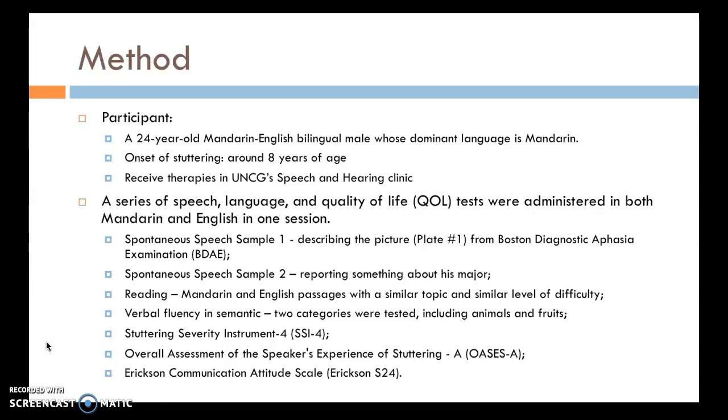Also, reading was included in the speech sample, and the Mandarin and English passages were on a similar topic and similar level of difficulty. We also administered verbal fluency tests and stuttering severity instrument tests, the OASIS, which was about the emotions, feelings, and thoughts of the participant, and also the Erickson Communication Attitude Scale.